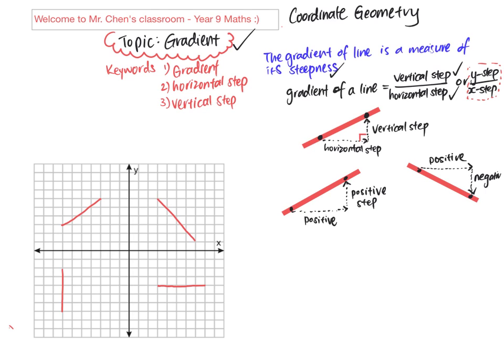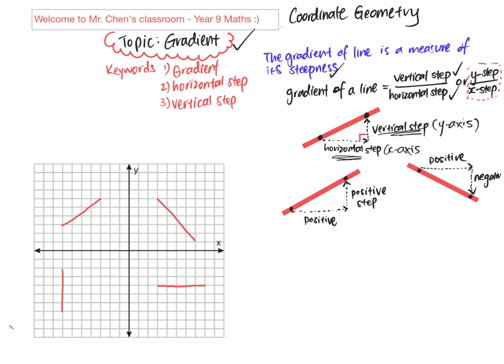Okay? So what that means is, this is your vertical step, and that is your horizontal step. Pretty much anything going along the x-axis is called horizontal, and anything going vertical is on the y-axis.